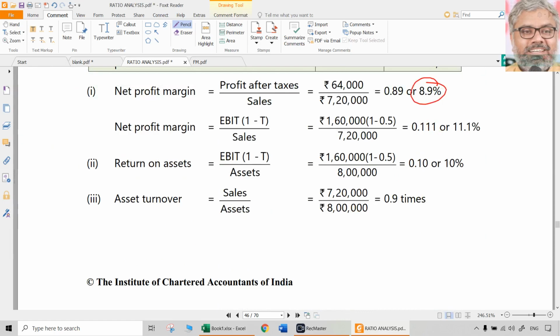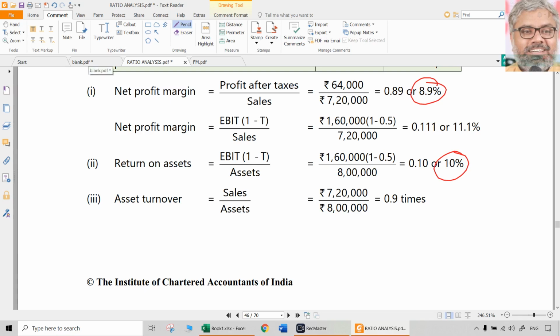But here it is taken as after tax return. That's okay. Can be taken also, if at all, if it is taken like that. But ideally it is before tax, because tax has nothing to do with the efficiency of the company.